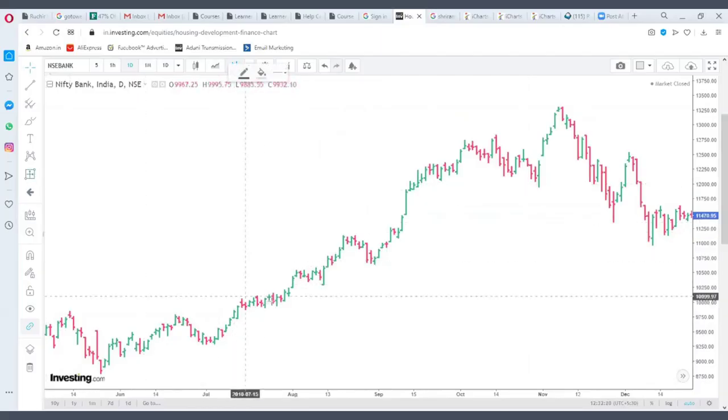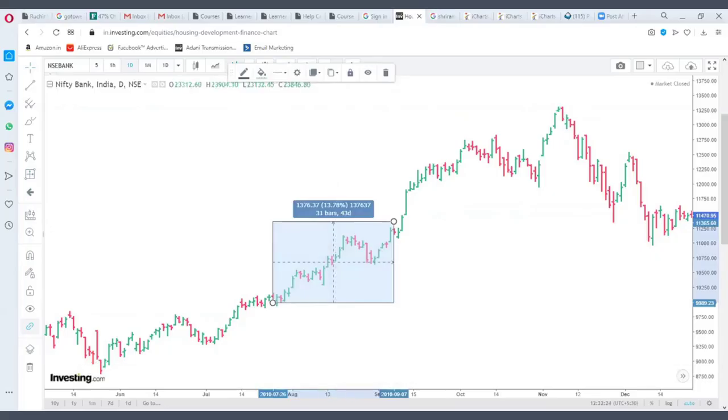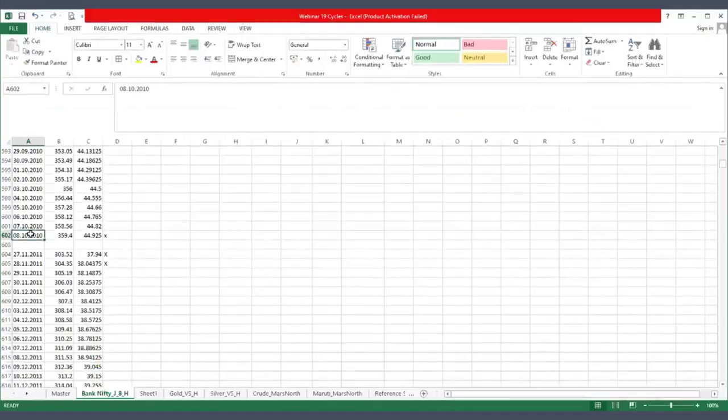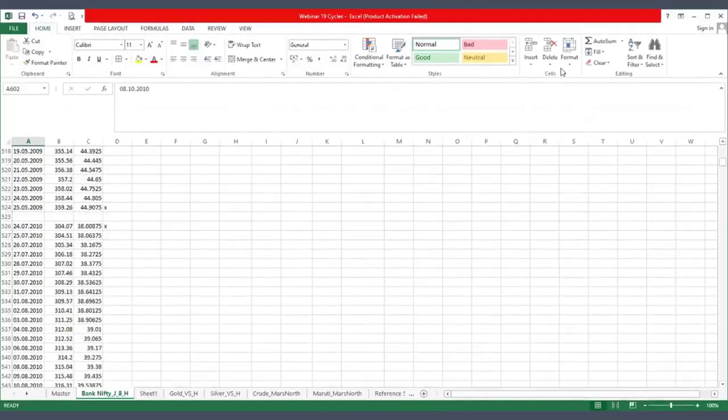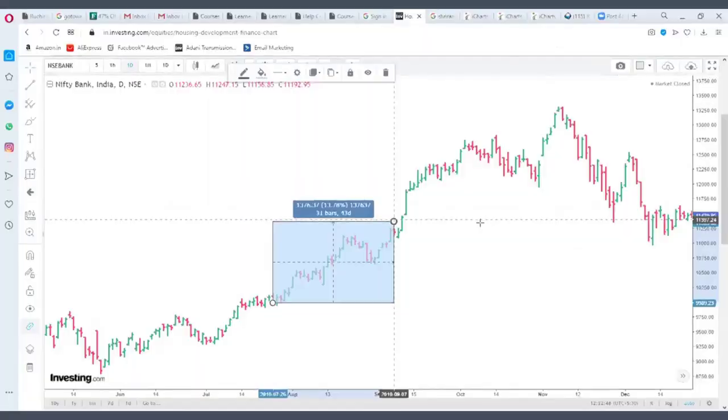We will take 26 and let's see the date range. You can see the Excel, 8th of October. It is showing 8th of October. We started from 24th of July. I am revising it to 8th of October.